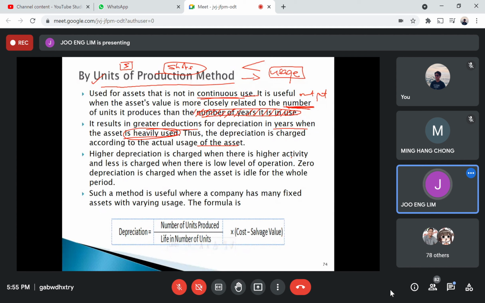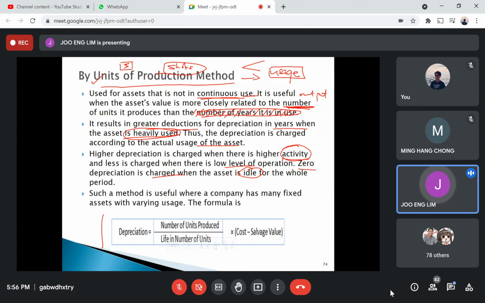Higher charge comes with higher activity, lower charge with lower activity. Look at this word, activity. Later I'm going to link it to cost behavior, because when we look at cost behavior, we look at the activity. Zero depreciation is charged when the asset is idle, meaning it is not used at all.